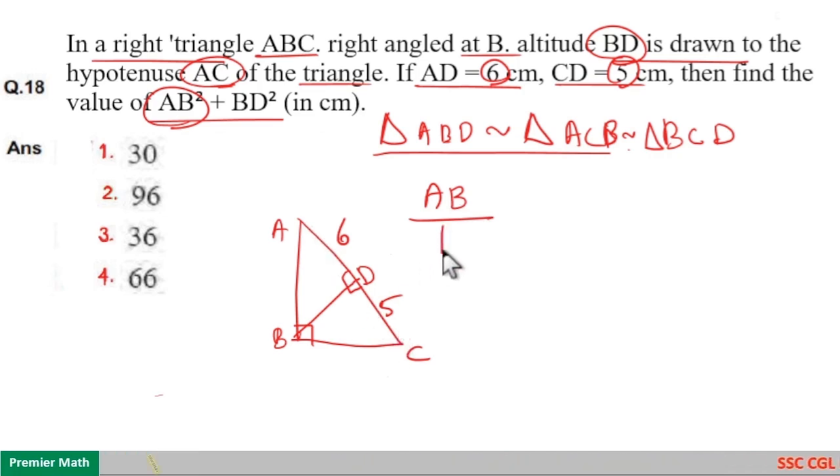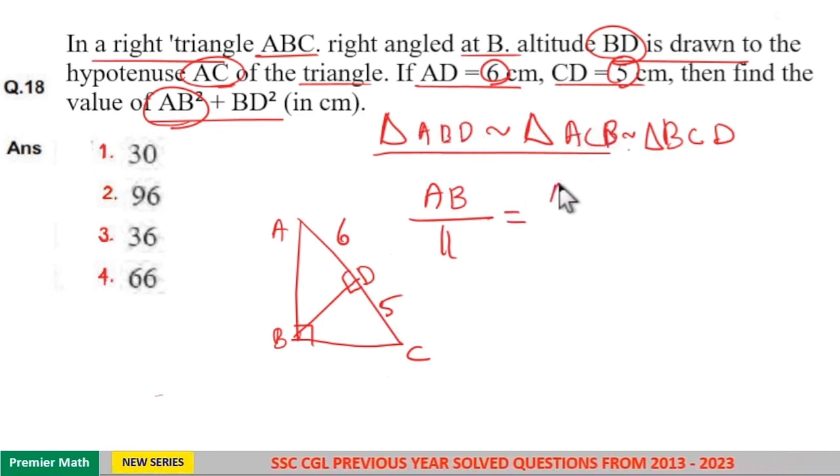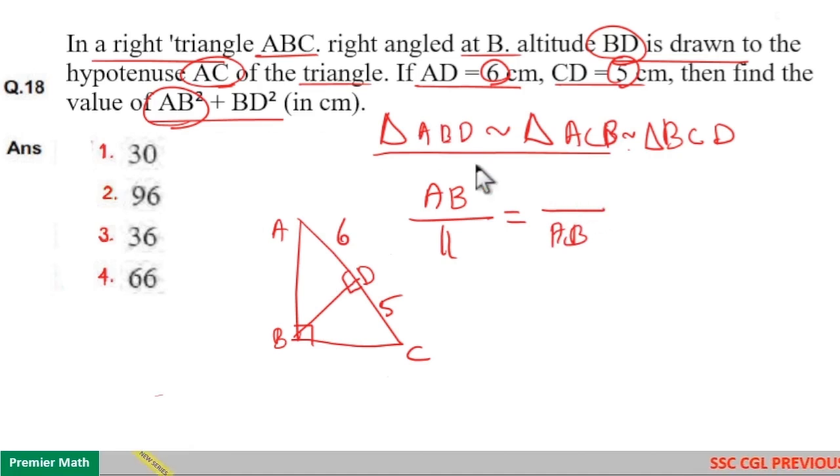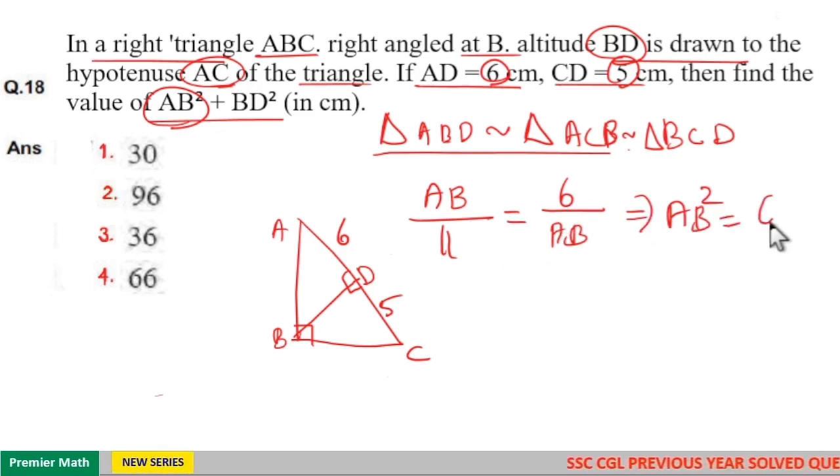AC is 6 plus 5, 11, which is equal to AD divided by AB. Now, AD is equal to 6. Now, you can see AB square is equal to 66.